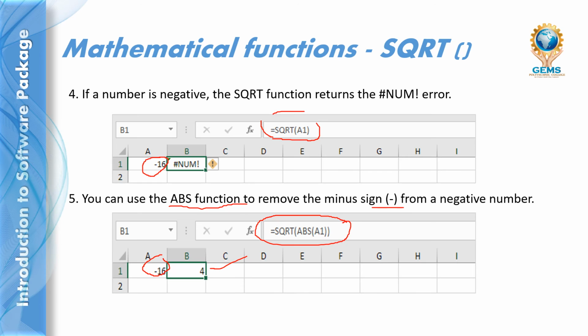From that minus 16, we use the ABS function, which helps remove the minus sign from the cell. So we will get the output 4.